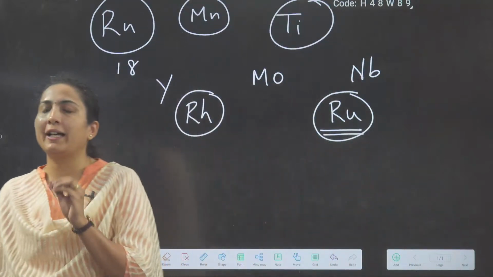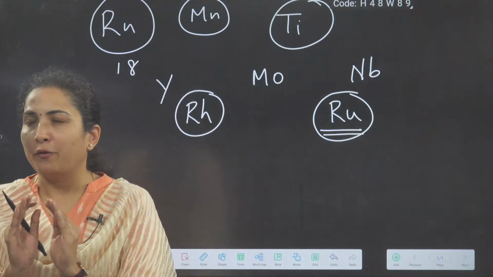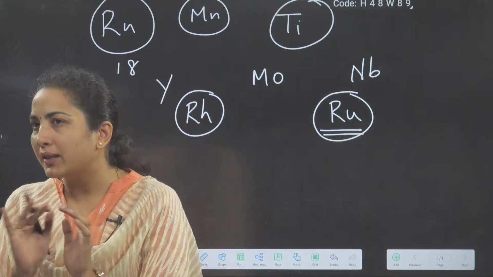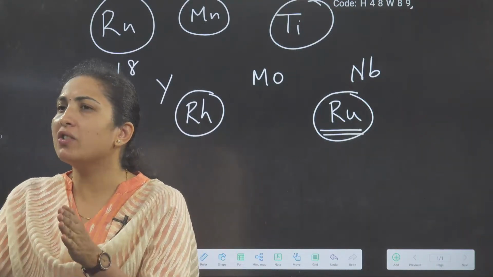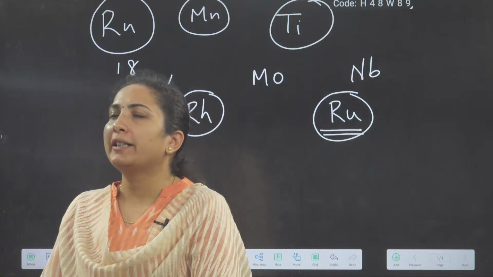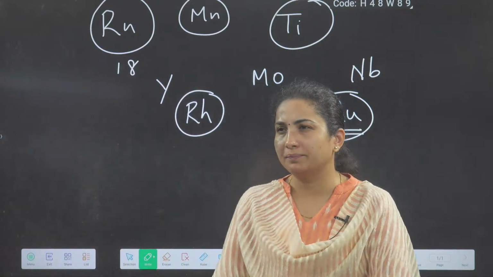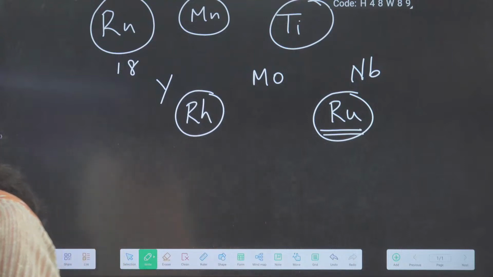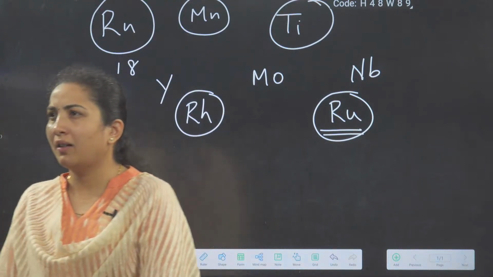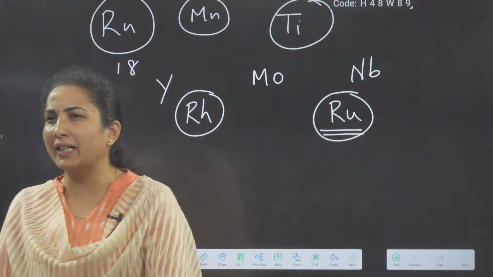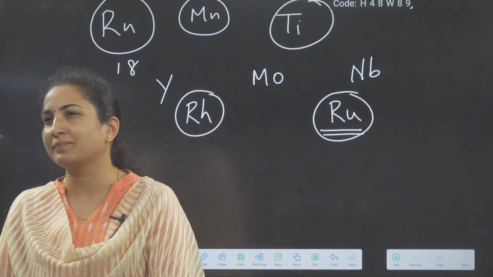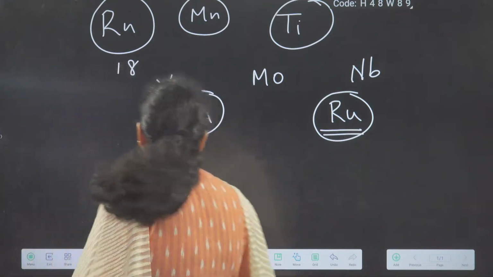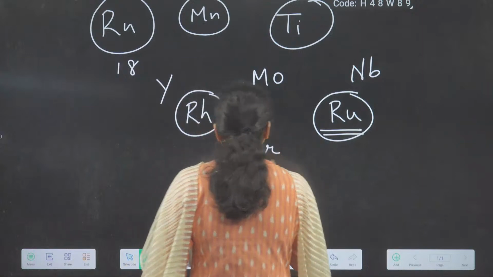Can you tell me an element which comes after yttrium in the same series? Just the next element to yttrium. Can you tell me the name of that element? Anisha, the symbol is quite wrong, beta. Majority of you have written it correctly. That is zirconium. Good. So zirconium is Zr.